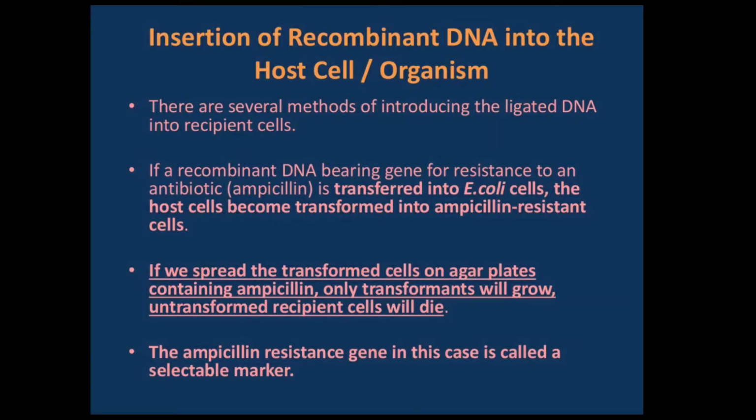If we put transformed cells on agar plates containing ampicillin, only transformants will grow, untransformed recipient cells will die. The ampicillin resistance gene in this case is called the selectable marker.